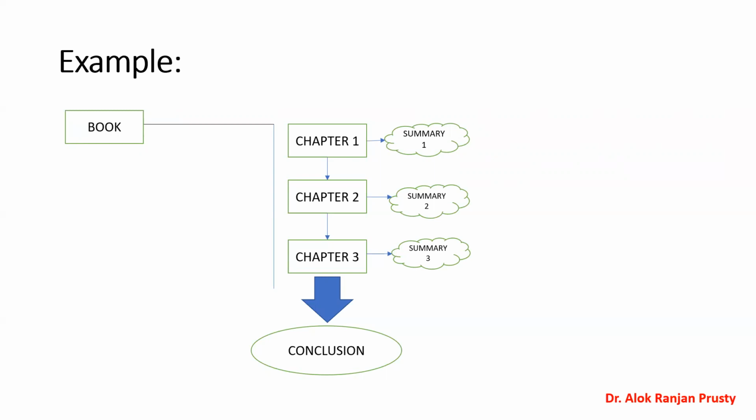If anyone asks to summarize chapter 1, then the summary of chapter 1, in this figure, you can find summary 1 contains all the important discussions and points that have been covered in chapter 1. The similar case is for chapter 2 and chapter 3, where chapter 2 has its own summary, that is summary 2, and chapter 3 has its own summary, that is summary 3.